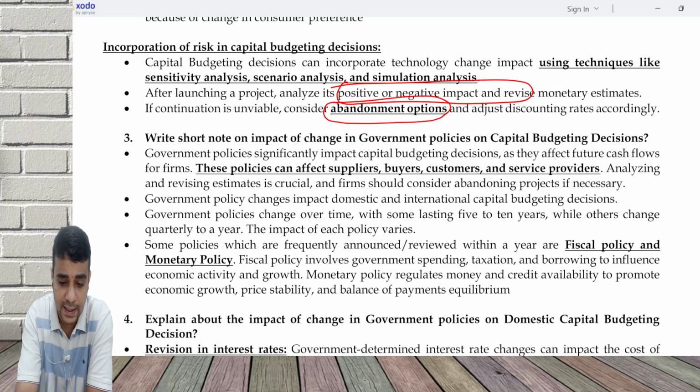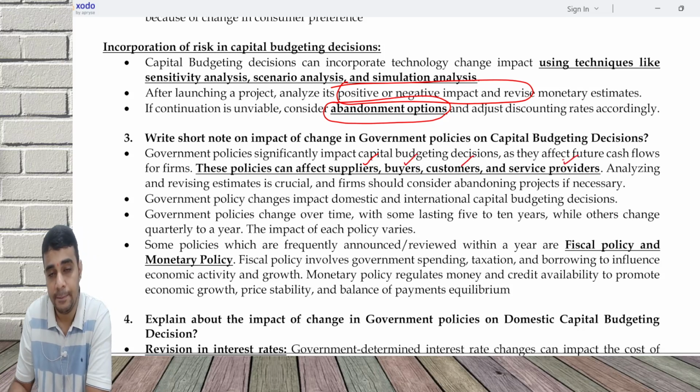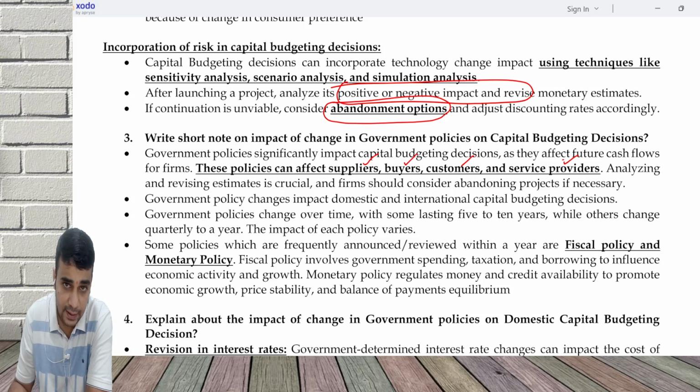These policies can impact my supplier, buyer, customer, service provider, and technology, and if you are not analyzing this properly, it can also lead to abandoning projects if necessary.